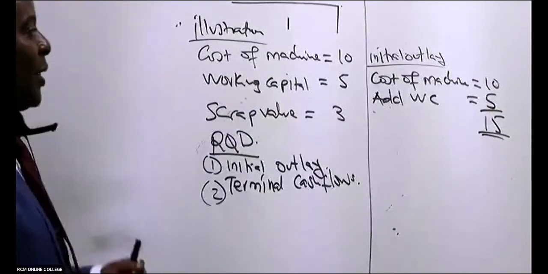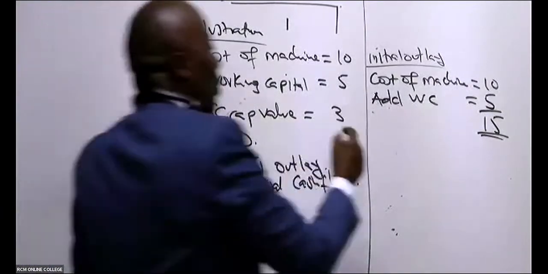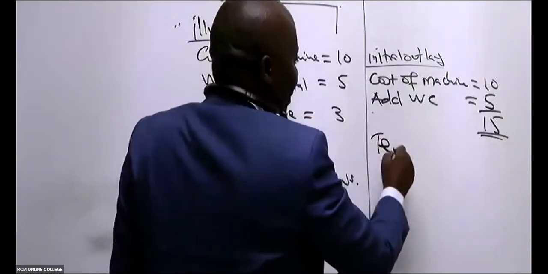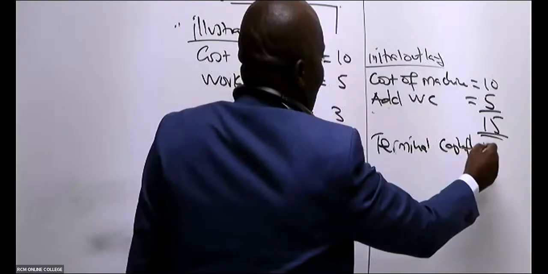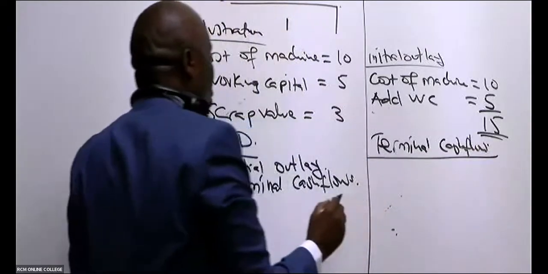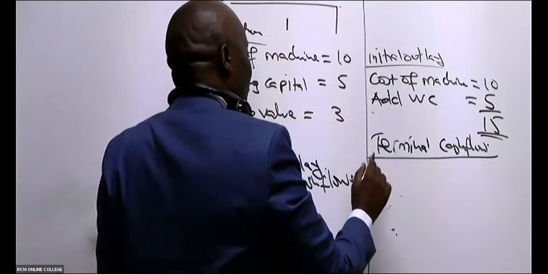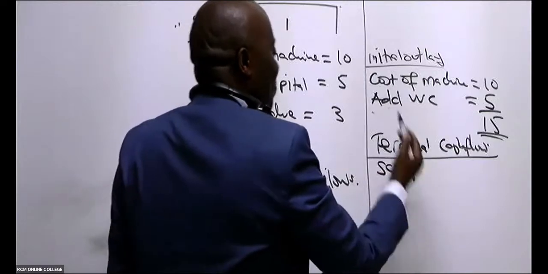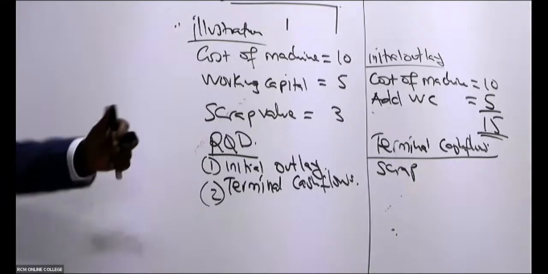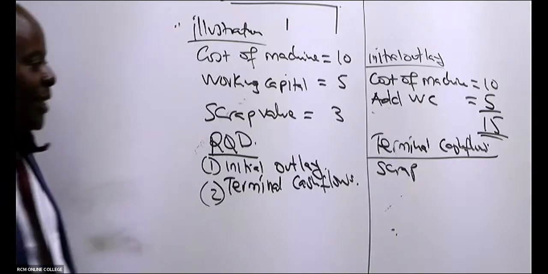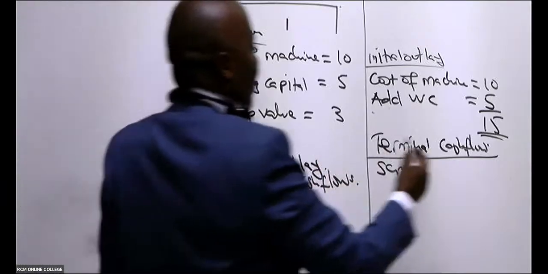And then go ahead, ladies and gentlemen, and do for me, when we terminate the project, what happens? So terminal cash flow, I will, of course, enjoy the scrap. The machine is old, I sell it. So in this case, I get scrap, 3.